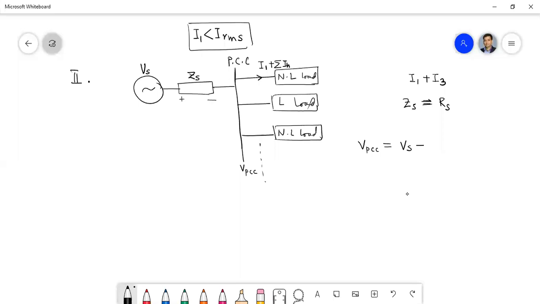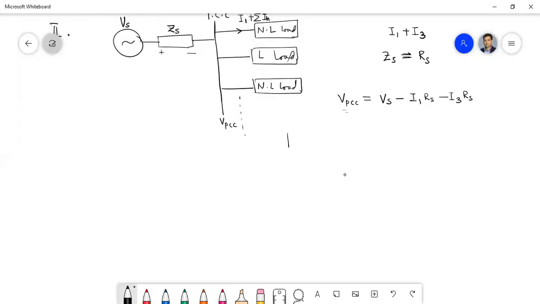Tell me. Suppose I have only one load, I am taking a series: I1 RS plus I harmonics, that is I3, into RS. And ZS is only RS. Two components I have considered. Clear? So if I can calculate these values, then I can find out the VPCC.